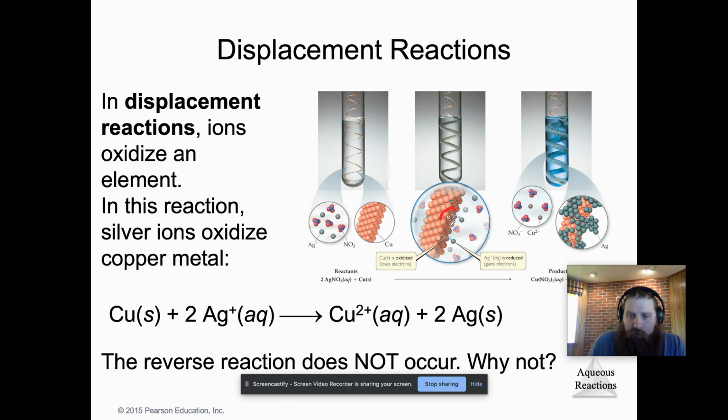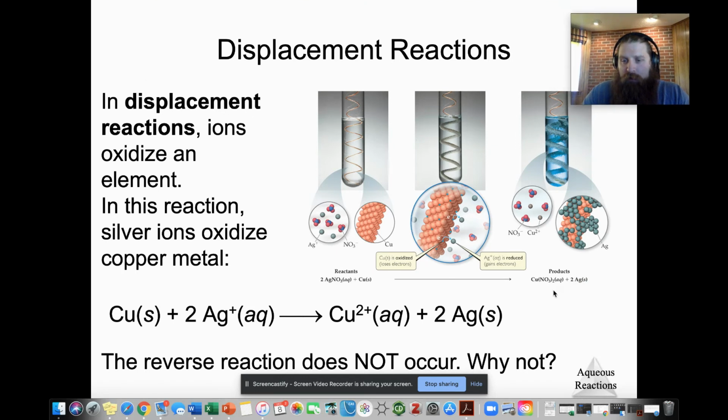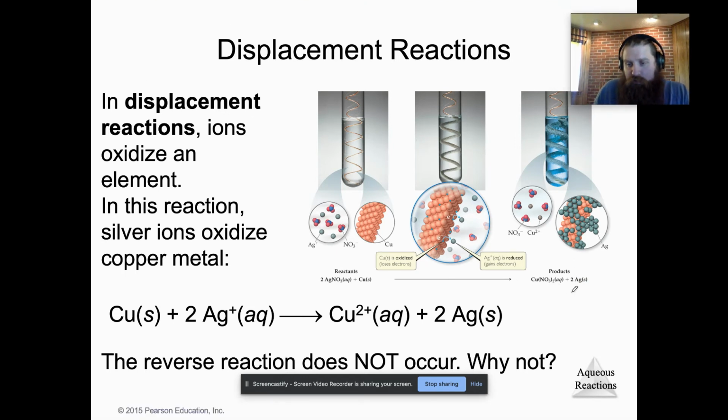This electron is being stolen away from copper by the silver, and silver is being reduced. It's gaining those electrons. What this ultimately leads us to is this product over here, which has pure elemental silver, which we can see right there kind of hanging on to the side, and this copper nitrate. Copper nitrate is this aqueous, nice blue solution that we're developing there.